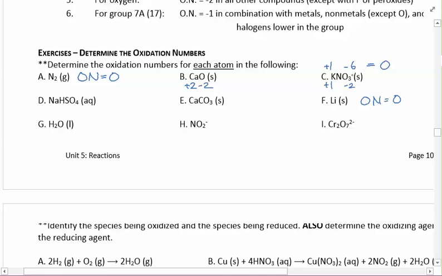This is not an ion. So we have to figure out what's the charge of nitrogen. So based off of the information we have, we're going to say the nitrogen is +5. I generally write the oxidation numbers with each element. Sometimes if it's really small, you have to kind of squeeze it in, or you can write it out like K is equal to +1, N is equal to +5, and O is -2.